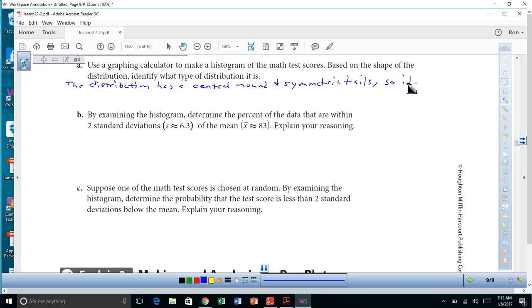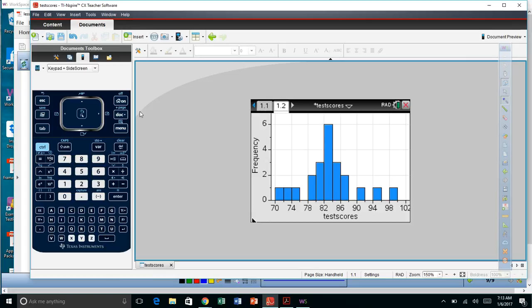So it is a normal distribution. All right. By examining the histogram, determine the percent of data that are within 2 standard deviations of the mean and explain your reasoning. So let me show you how.